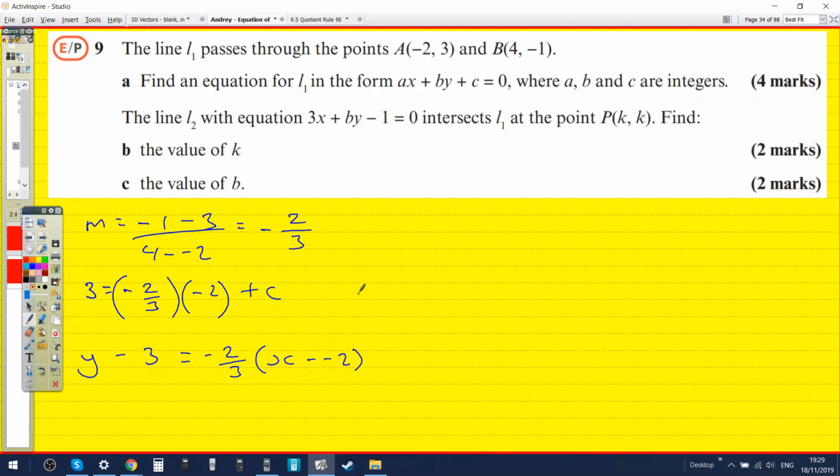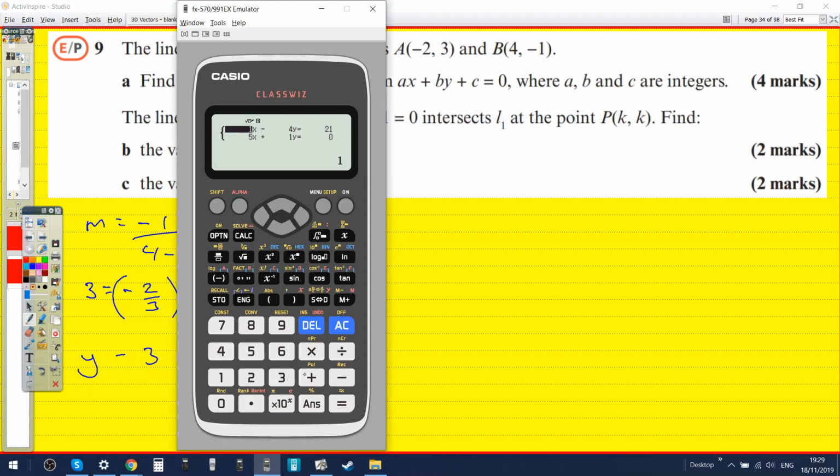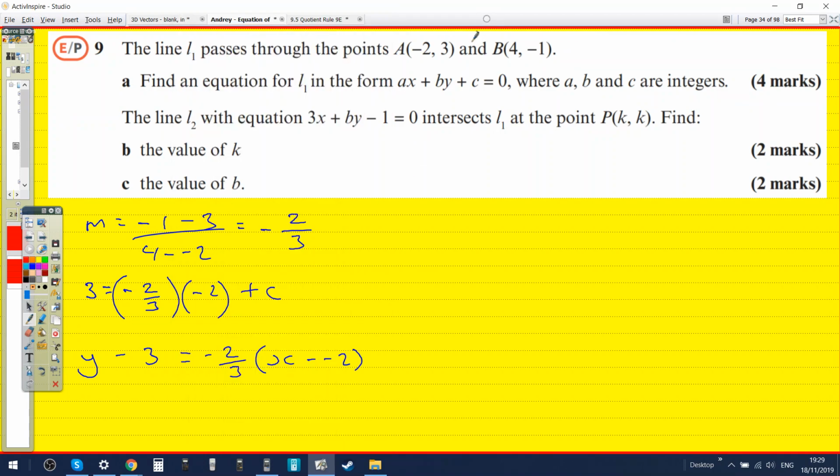I got 1.6 recurring, 1.6666667. So press answer equals, 5/3. Oh well, yeah, 5/3. Might be a bit easier. Yeah, and so c equals 5/3, and now it's y equals minus 2/3 x plus 5/3, and then I now need to take the y to the other side.